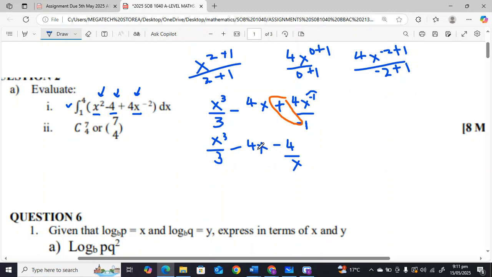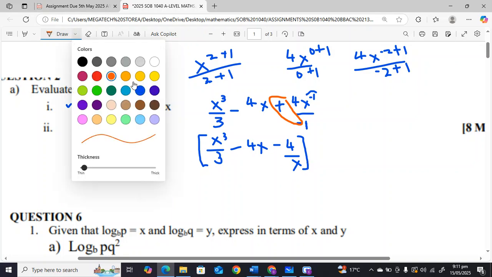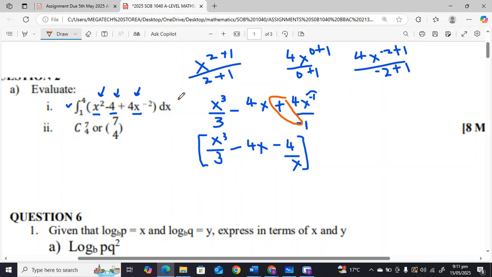Are we all okay with this before we move to the next step? Yes, Kylie, x to the power negative 1 is 1 over x.